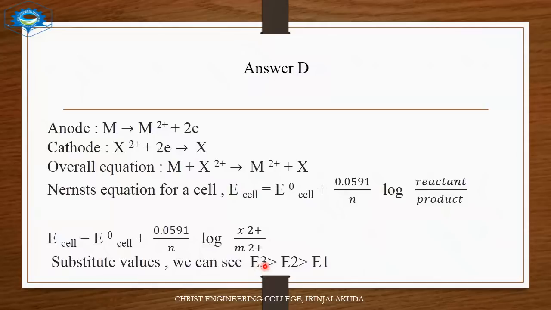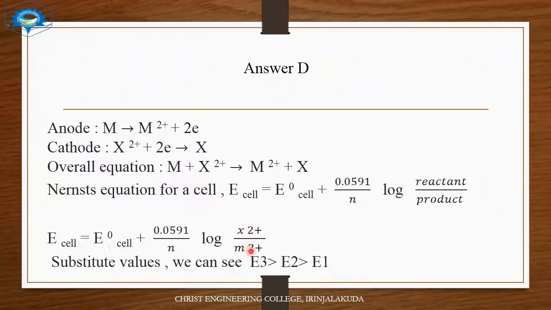If we substitute the values for the third cell, E3, when we substitute X2+ divided by M2+, the logarithmic value will be a positive value. So E cell will be equal to E0 cell plus a value. That is, E cell is greater than E0 cell.